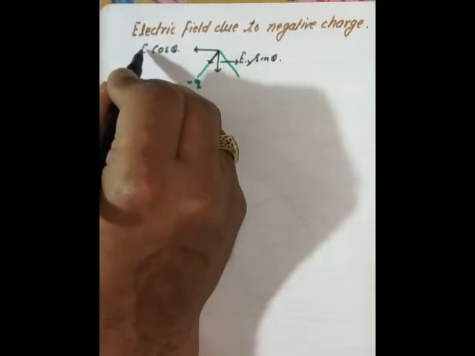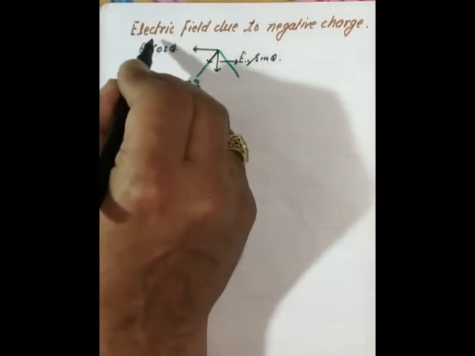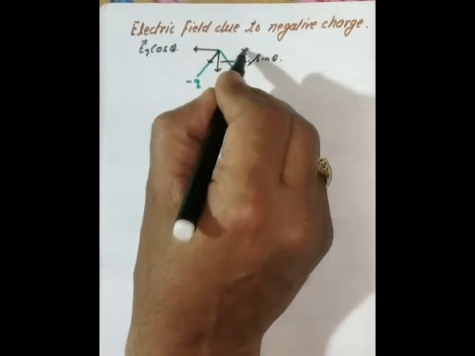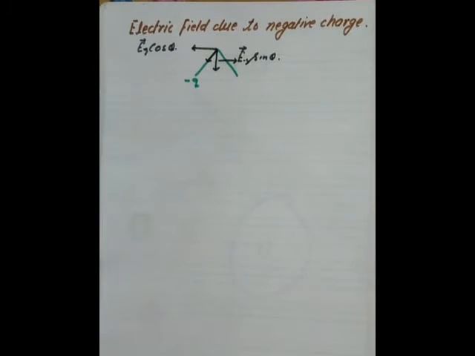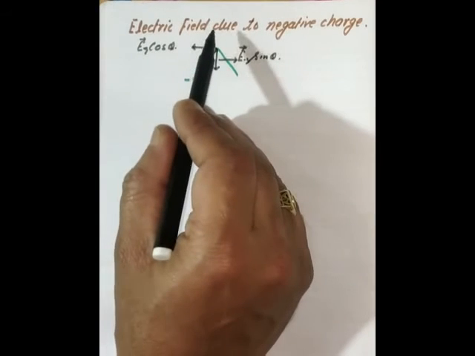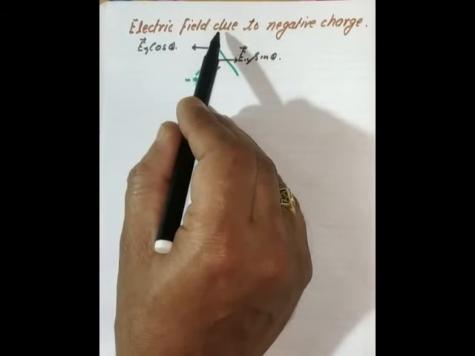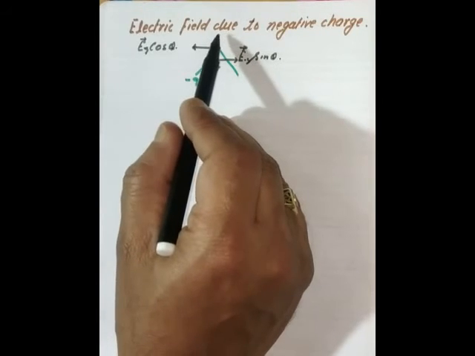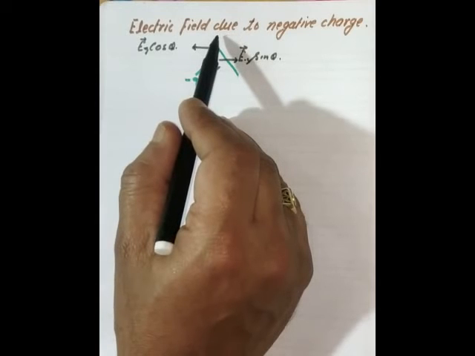By a simple figure, you can understand that this sine theta cancels or nullifies the other sine theta made by the positive charge.